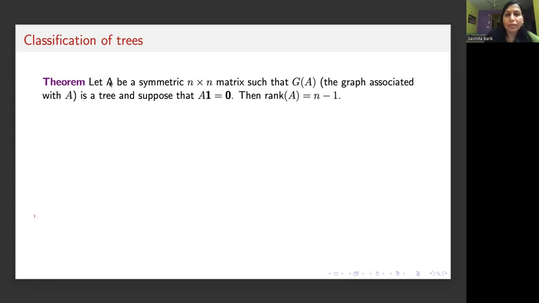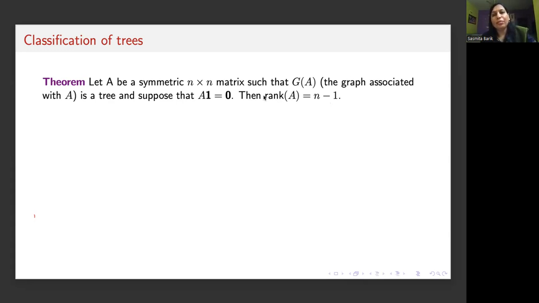So if that associated graph G_A is a tree and A times the all-ones vector is 0, that means the row sums of A are 0, then the rank of A is exactly n minus 1. This is a more general result than what we saw in the first lecture, where I said that if there is a tree and we take the n minus 1 cross n minus 1 submatrices of the incidence matrix, they will all have full rank.